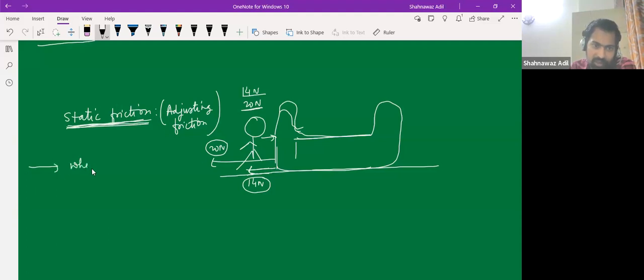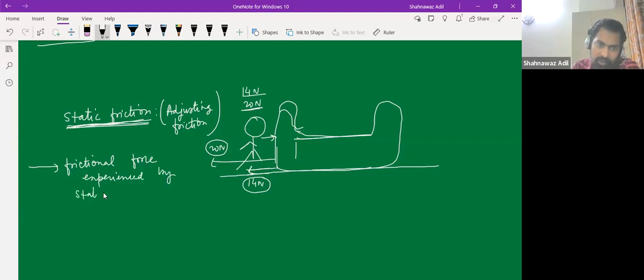So when the object or the friction force, the frictional force experienced by a stationary object, right? And it is adjustable.